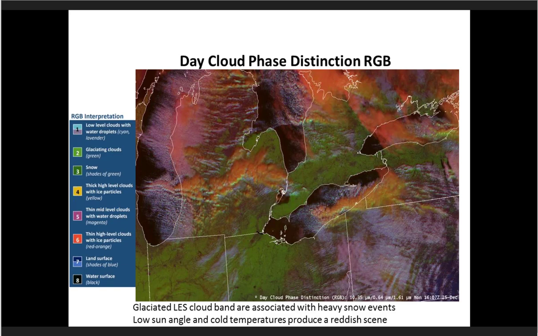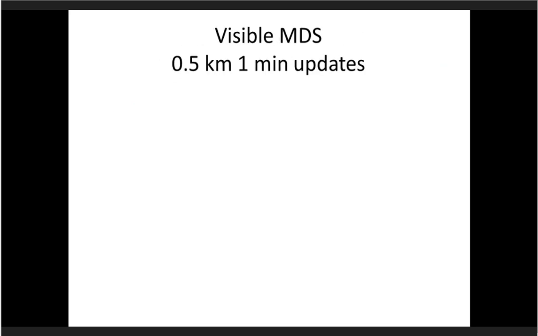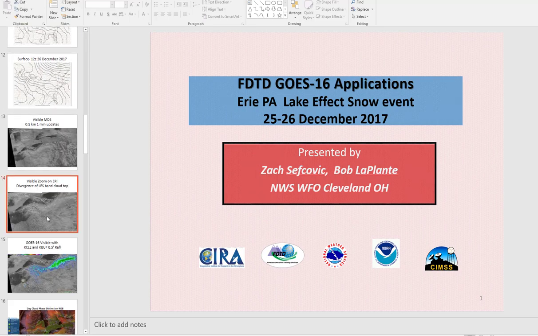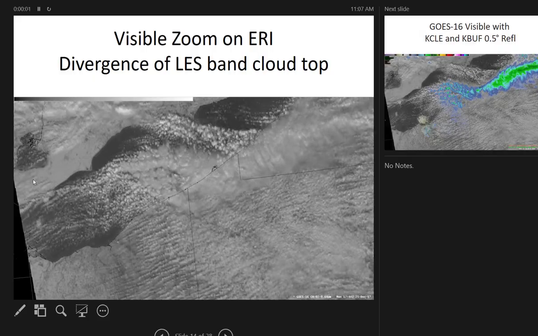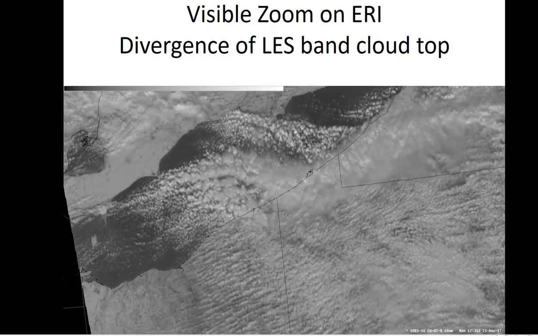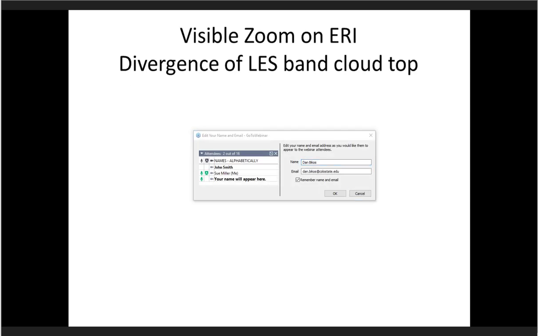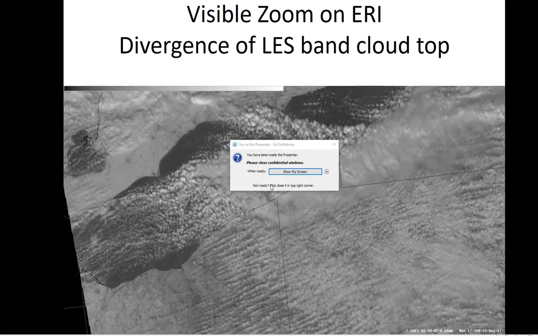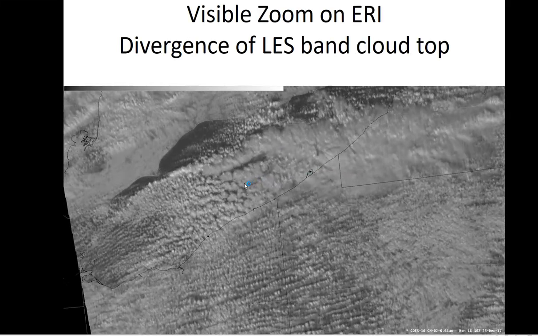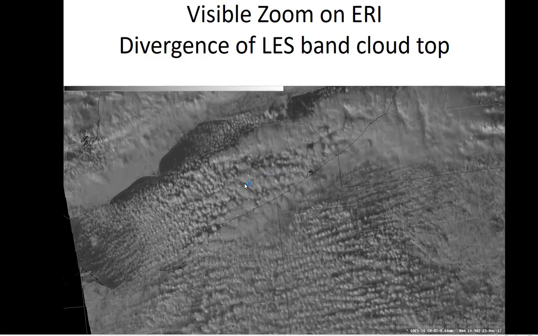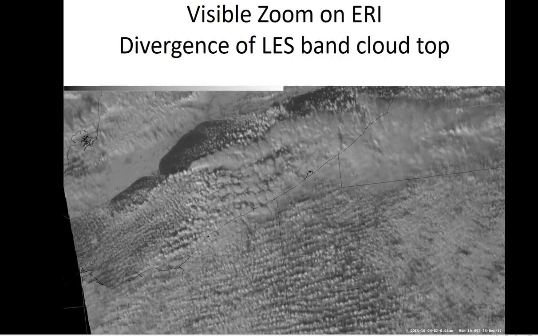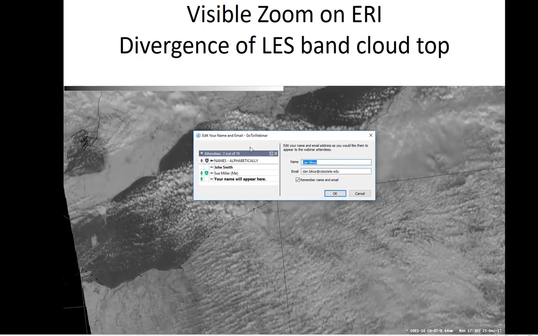Bob, all right. Well, we could use it from my end here if you'd like. Okay, why don't you try that? So let's go back to the second loop, which has the divergence. The labeling is the divergence of the LES band, cloud top. Slide 14. Do I need to give you control? Okay, do you see my screen, Bob? No. Okay, we can see it now.